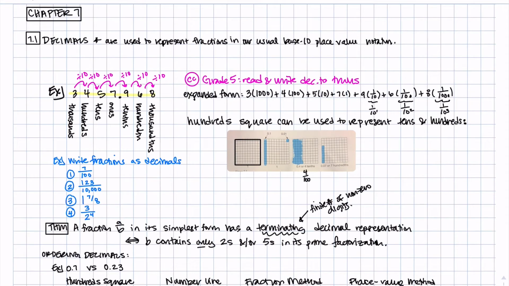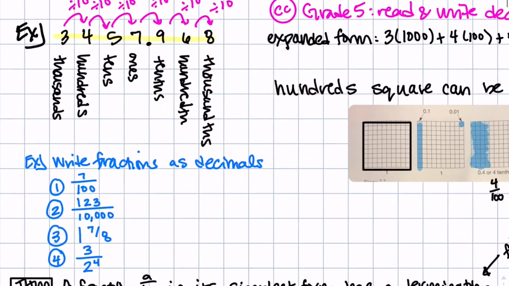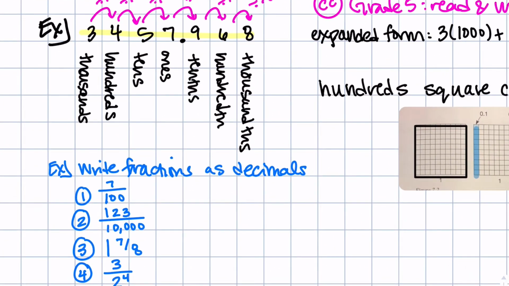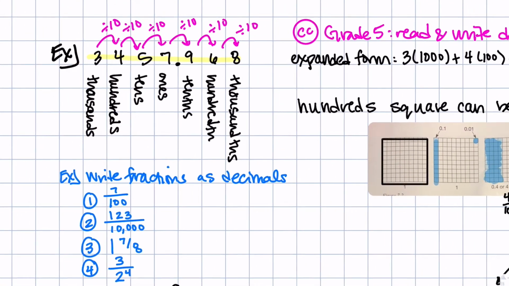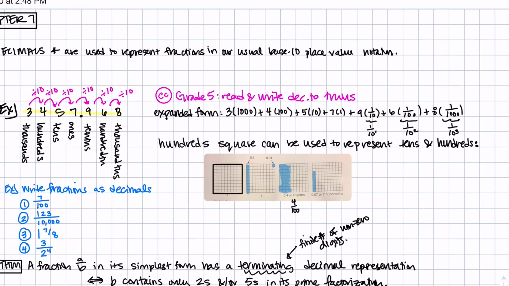And so there's this obvious connection, especially when you look at the 100 square, between decimals and fractions. A decimal is just a different notation for the same concept. And so we want to be able to go back and forth. So given these fractions, let's try to write them as decimals. So here, this is 7 over 100. We can see this most clearly if we think about this in expanded form.